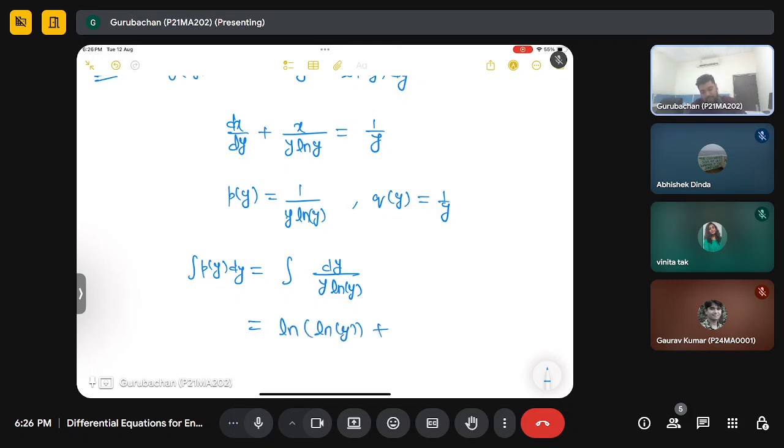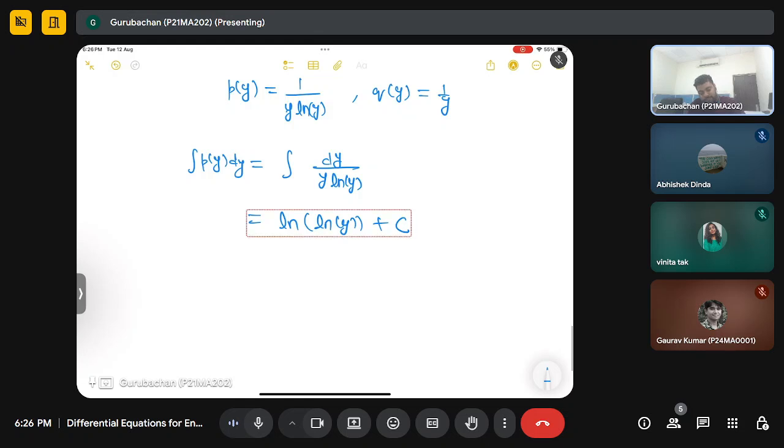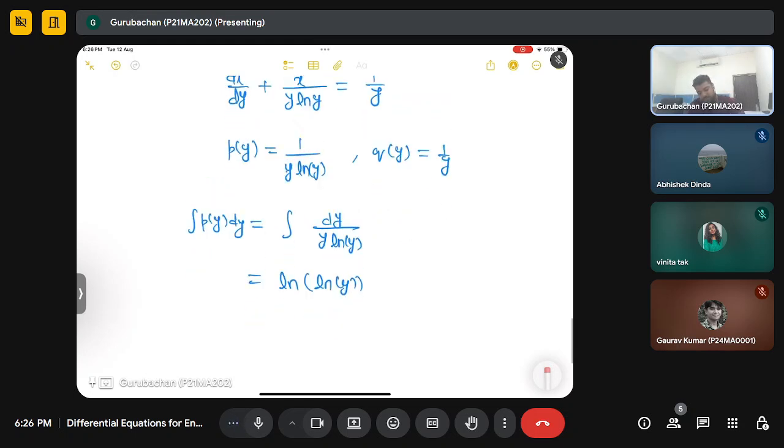So I wrote it directly. Again, c is a constant, so for simplicity we will not write c. So the integrating factor will be e to the power of this integration of P(y) dy, which will give you e to the ln ln y, which will be ln y.